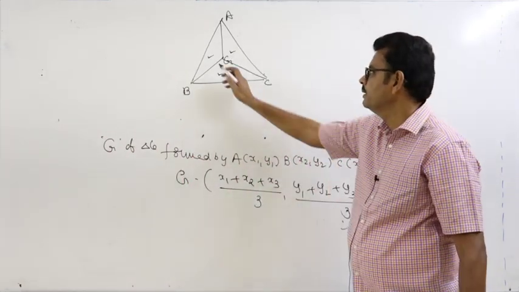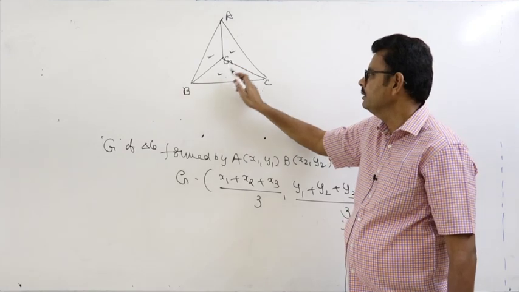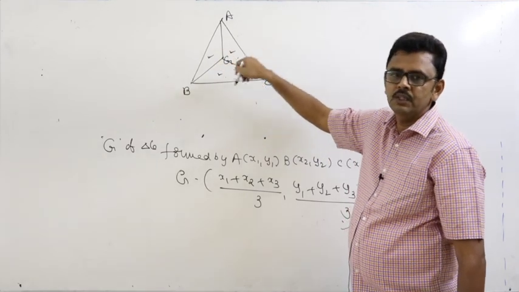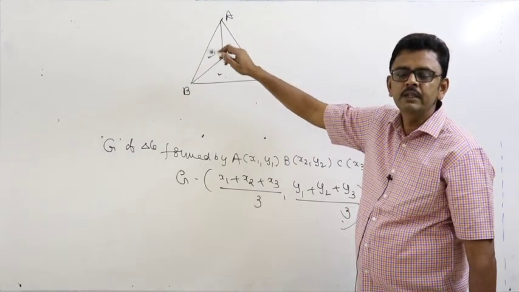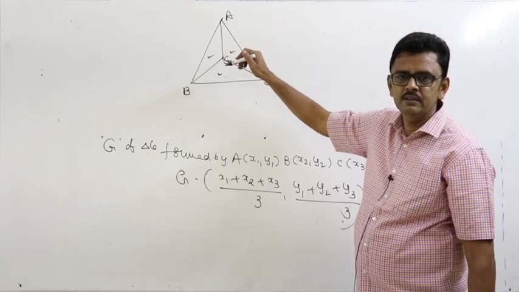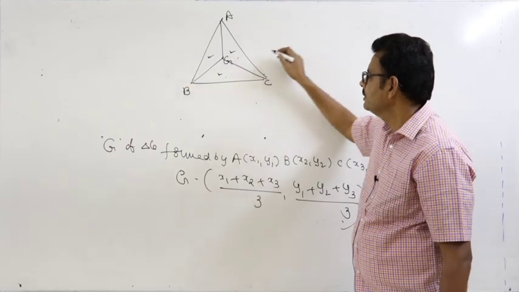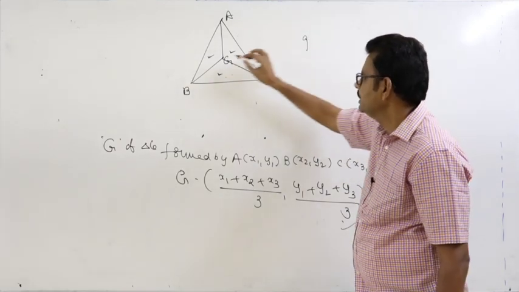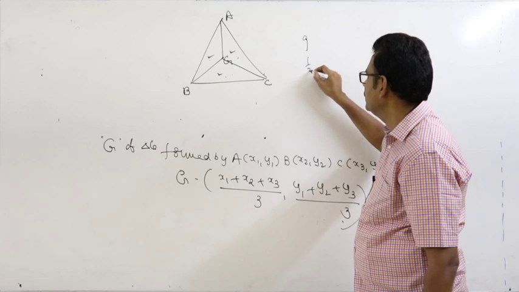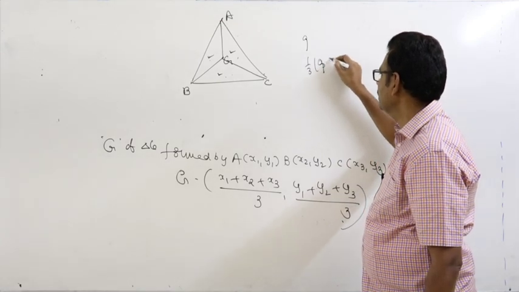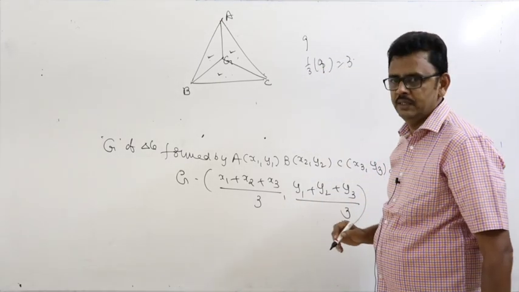Suppose this is 3 square units. This is also 3. This is also 3. What about total area of triangle? 3 into 3, that is 9. Suppose this is 9. Area of triangle ABC equal to 9. This part is 1/3 of area of triangle, equal to 3 square units, like this.